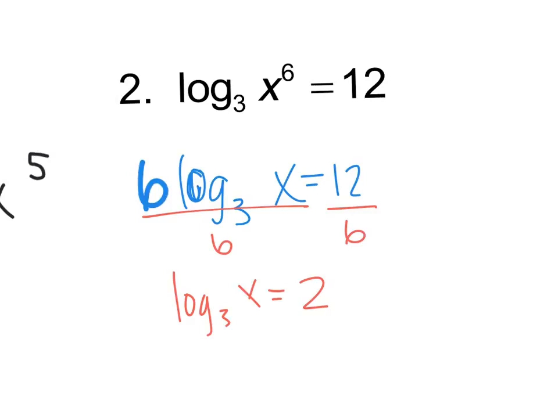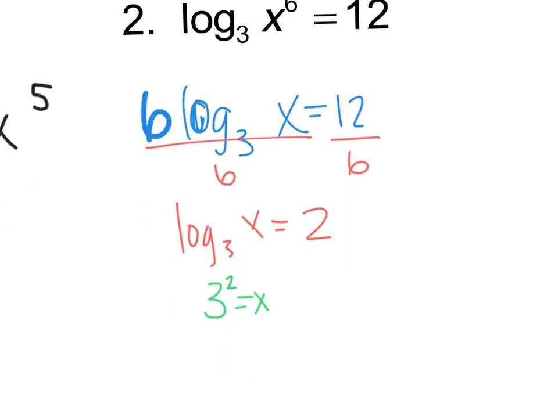And then, yes, I rewrite it in exponential form. What would that be in exponential form? Yeah. And what is 3 squared? 9. So your answer is 9 to this problem. And that does work, I promise.